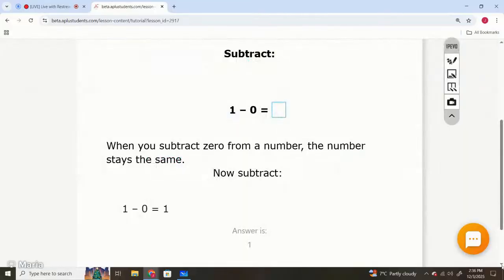Whatever number it is, if you're subtracting 0 from it, the number stays the same. So 1 minus 0 is 1.